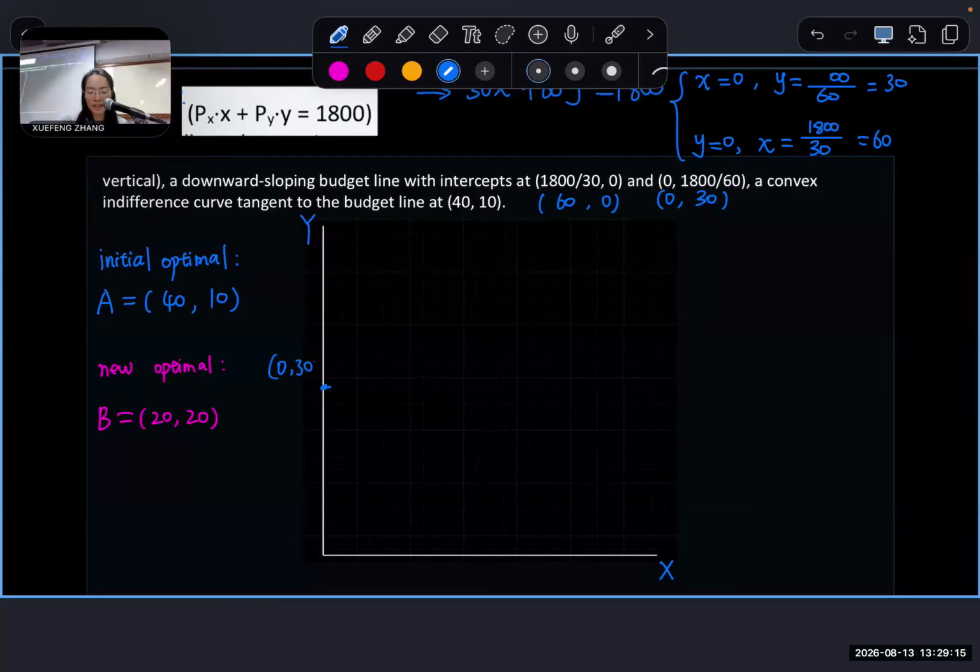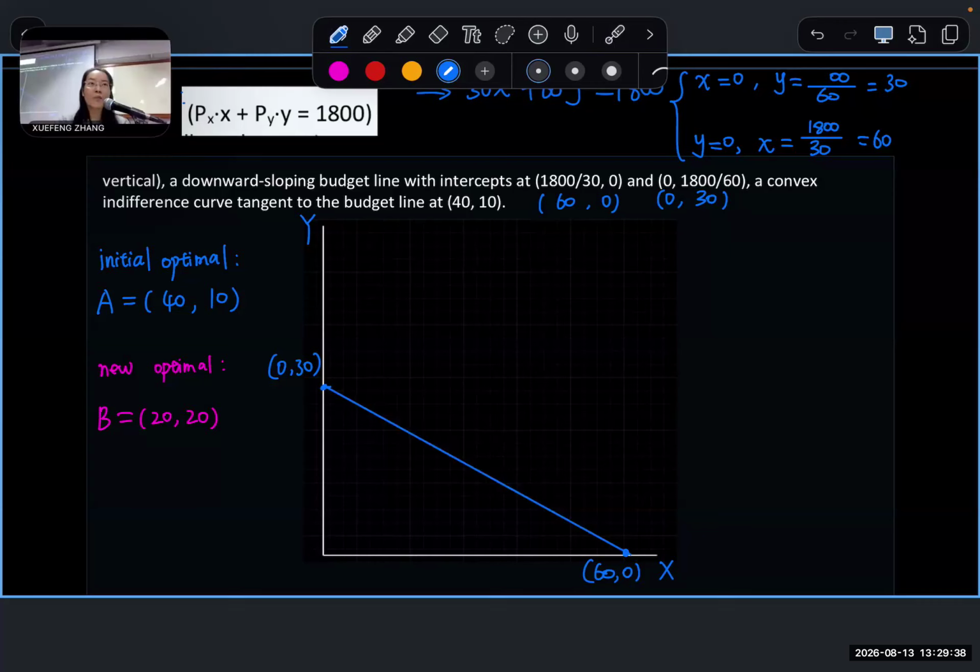(0, 30). Another point, where is (60, 0)? X equals 60, y equals 0, it's here. Right? So here is (60, 0). And then you connect those 2 points. You can get the budget line.